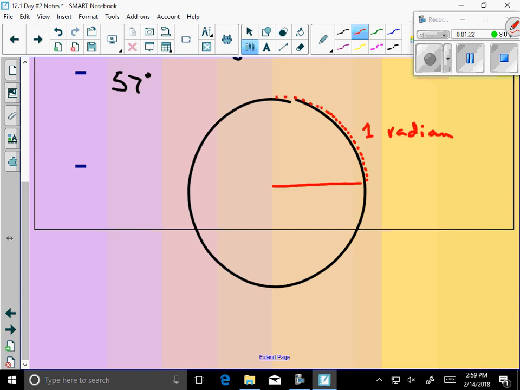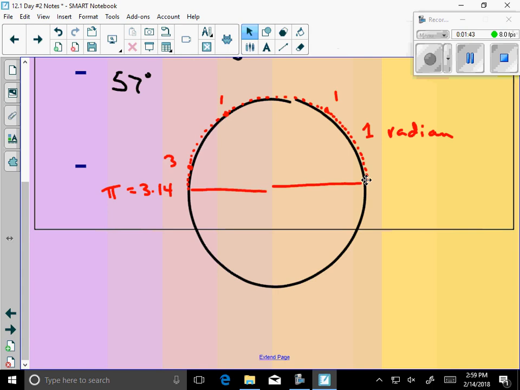Conveniently, if I were to do that 3 times, here's the first radian, the second radian, and the third radian. It's just a little bit short of half the circle, which, conveniently, is 3.14 radians, which is pi. That is so important, I cannot emphasize it enough.